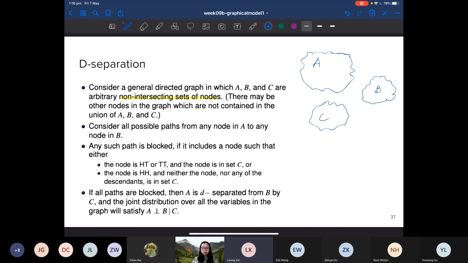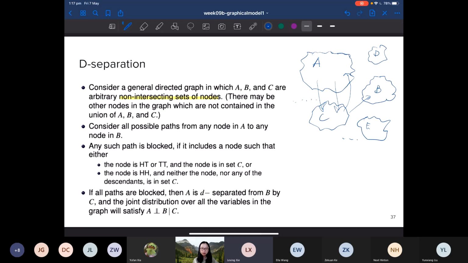There might be other sets of nodes in the graphical model that we're not talking about. So we consider all possible paths from any node in A to any node in B. So here, let's say like that, or maybe like that. They're connected in different ways.